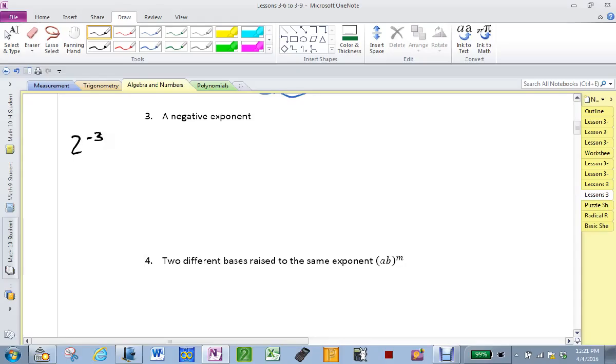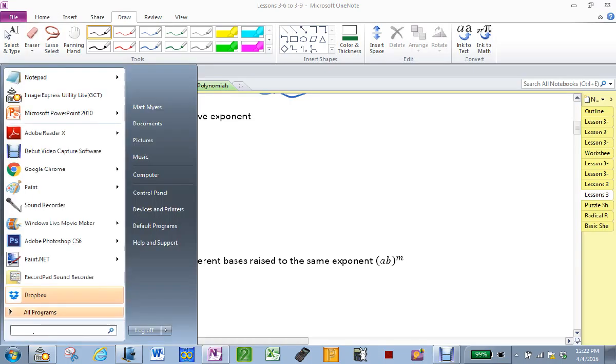Negative 2 to the 3 makes perfect sense. Negative 2 times negative 2 times negative 2, right? But this is 2 to the negative 3, which makes no sense at all, does it? How do you write the base 2 negative 3 times? Alicia? Pardon? But then the negative would be down here with the base. The negative is up with the exponent, isn't it? So this makes no sense. Does everybody agree? All right.